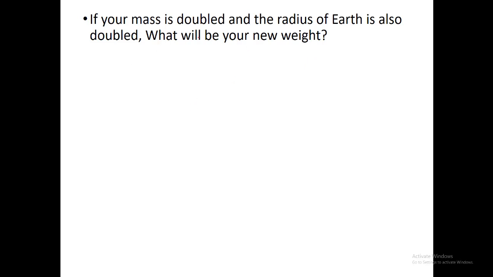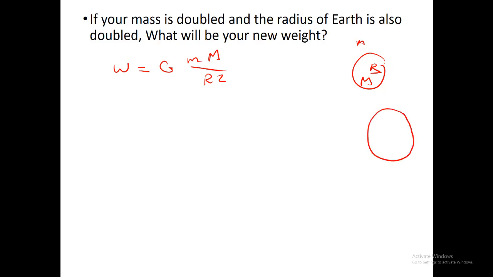طيب. Let us say that previously, when the radius of the Earth was r and your mass was m, your weight W equals G, your mass now is m, the mass of the planet is m capital, and the radius now is r squared. Then something would be changed. The radius increased to be 2r, and your mass doubled to be 2m.